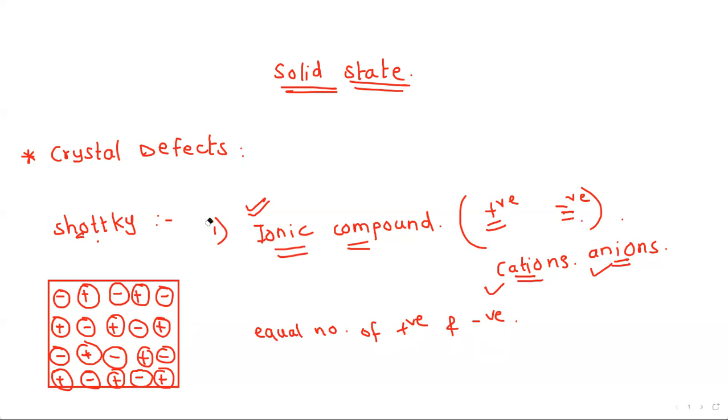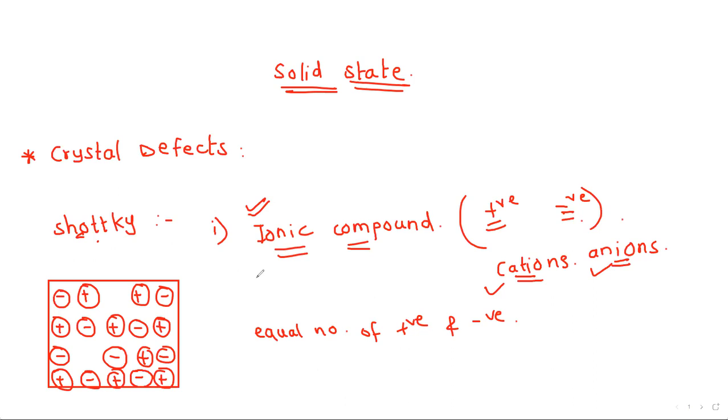For example, if I erase this one negatively charged particle, that is a negative ion, and one positive ion, you can see that there is a vacancy here as well as a vacancy here.